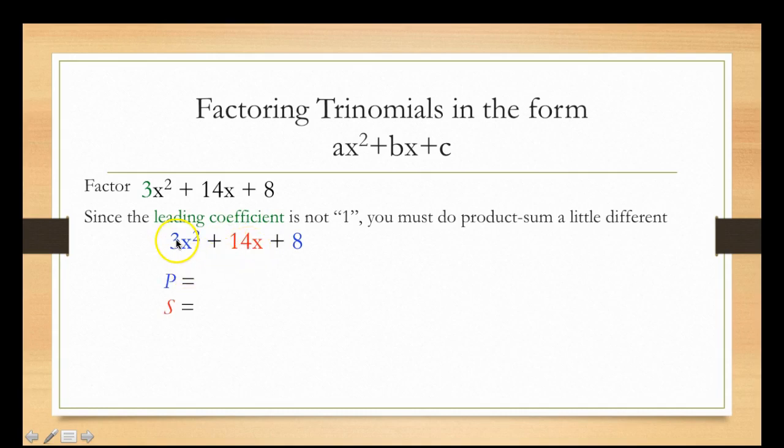So we would ask ourselves, what is our product? 3x squared times 8 is 24x squared. Our sum is always our term in the middle, 14x. So now we're going to write down all the possible factors of 24x squared.